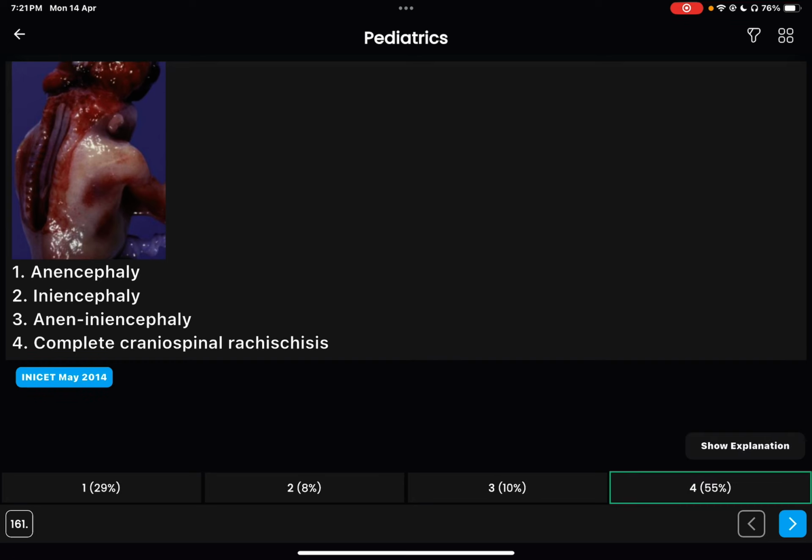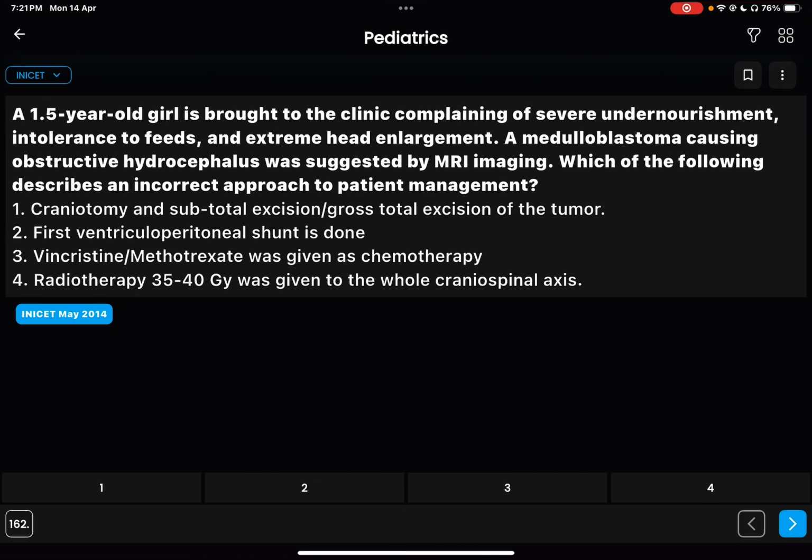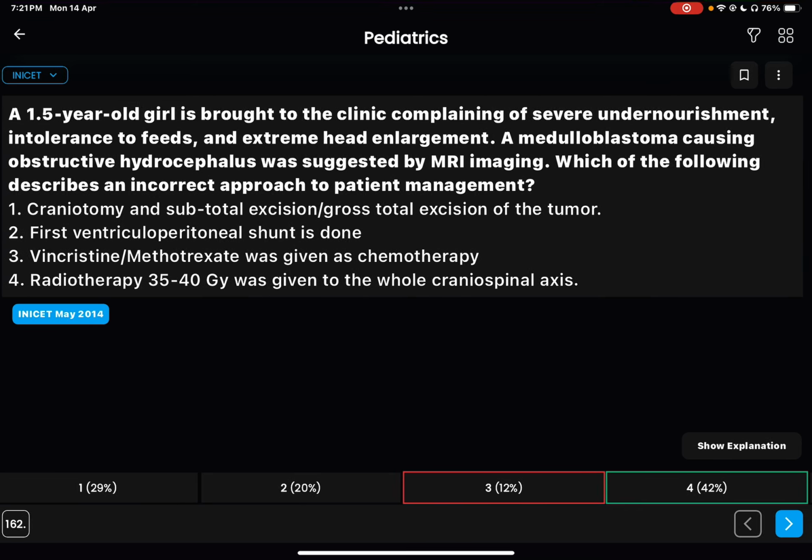This is a complete craniospinal rachischisis. Answer is radiotherapy.